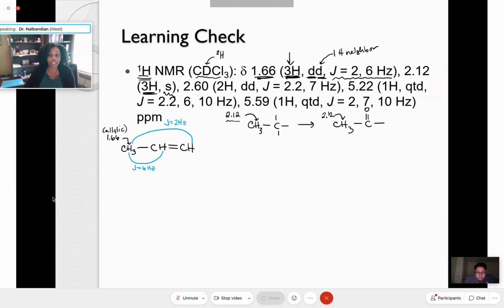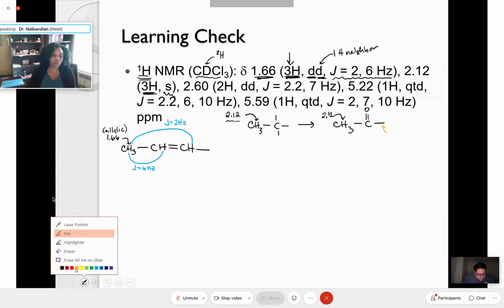Why is it a singlet? Because it's a carbonyl. There are no hydrogens on there. So when I'm drawing these, I always will show these open spots. So I have an open spot here. If I go back to my first building block piece, on this carbon, I'm showing 1, 2, 3 bonds. So I have an open spot that I have there as well.